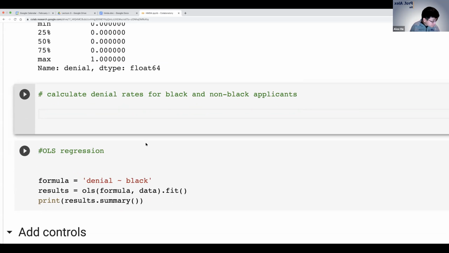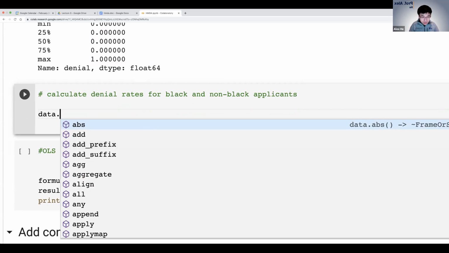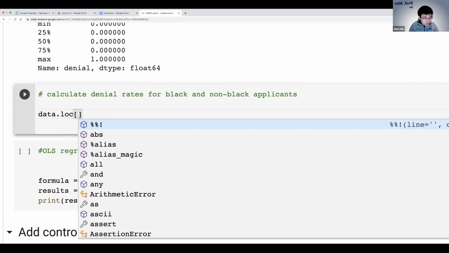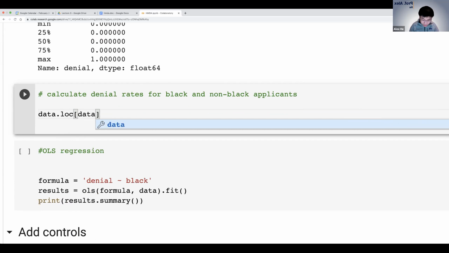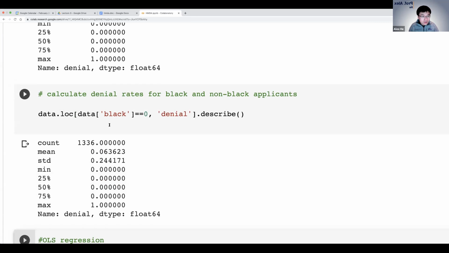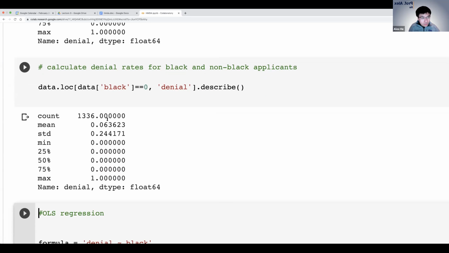So the way you do that is to restrict to this subsample, right, where you have the Black variable equals 0, and look at the denial variable and look at its mean. So that's the non-Black population.